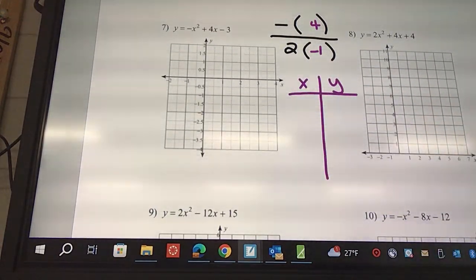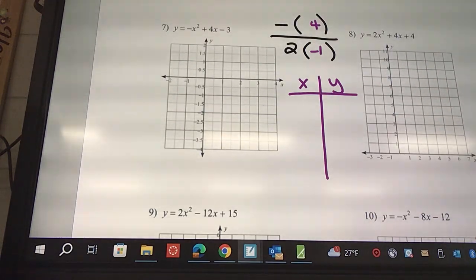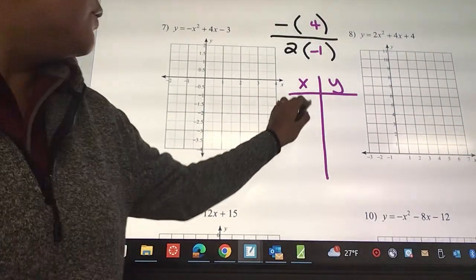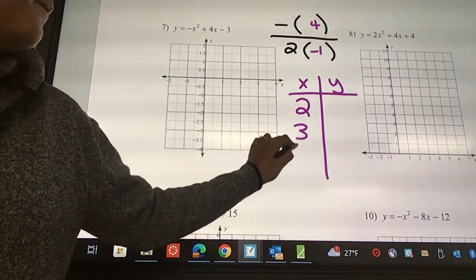So type that on your calculator, see what you get. What'd you guys get? 2. Then what else is going to be on our list? 3 and 4.